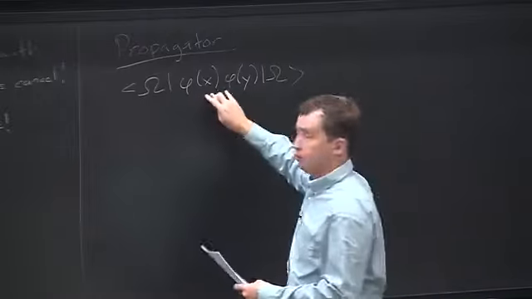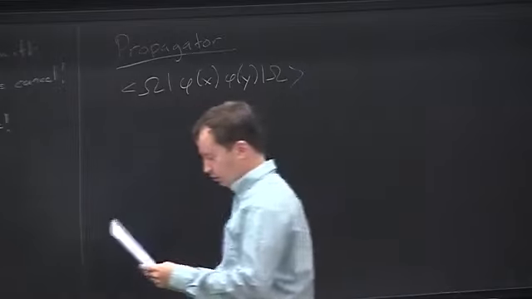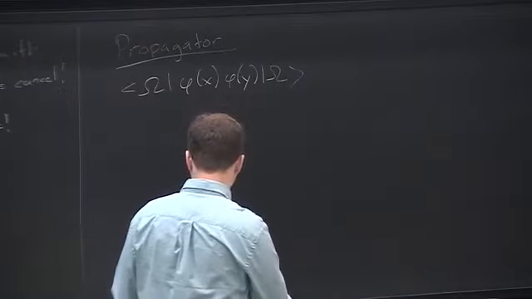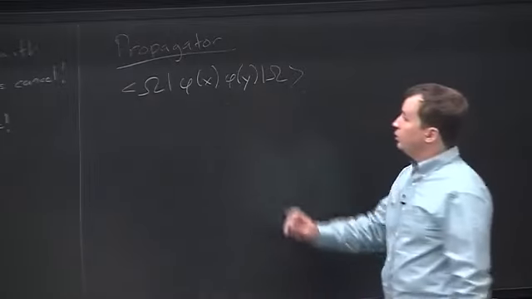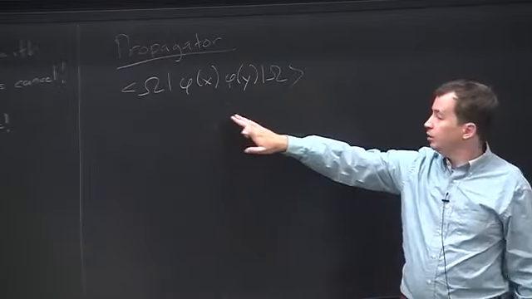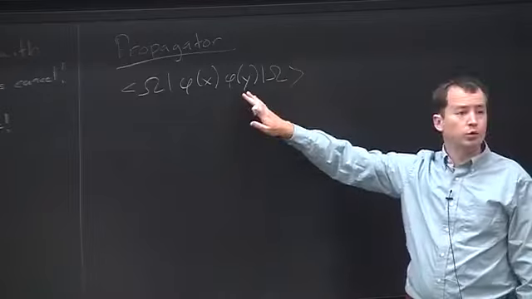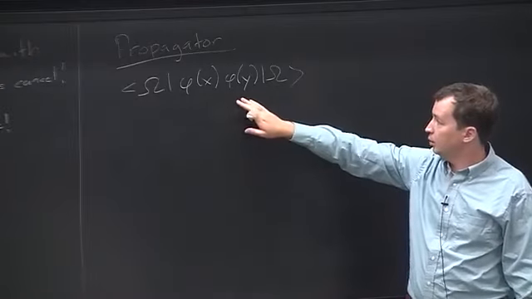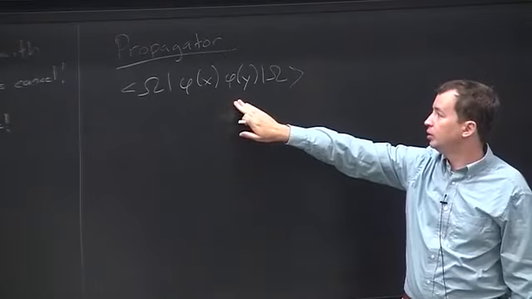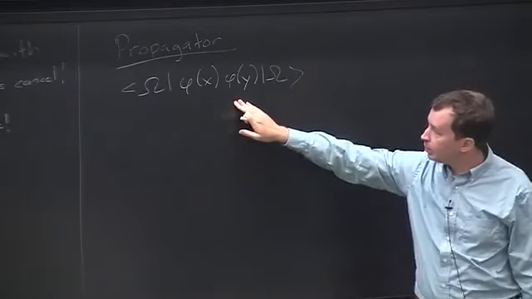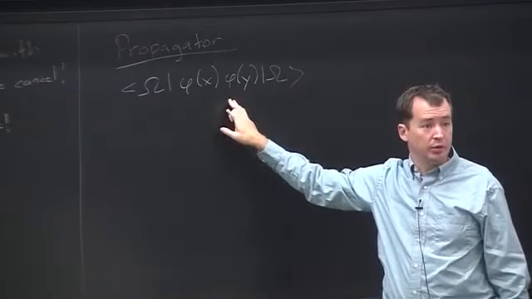We can just add together 2 copies of this to get the time-ordered version, multiplied by Heaviside functions. Okay, so there are actually 2 nice results we can say about this propagator in an interacting theory.